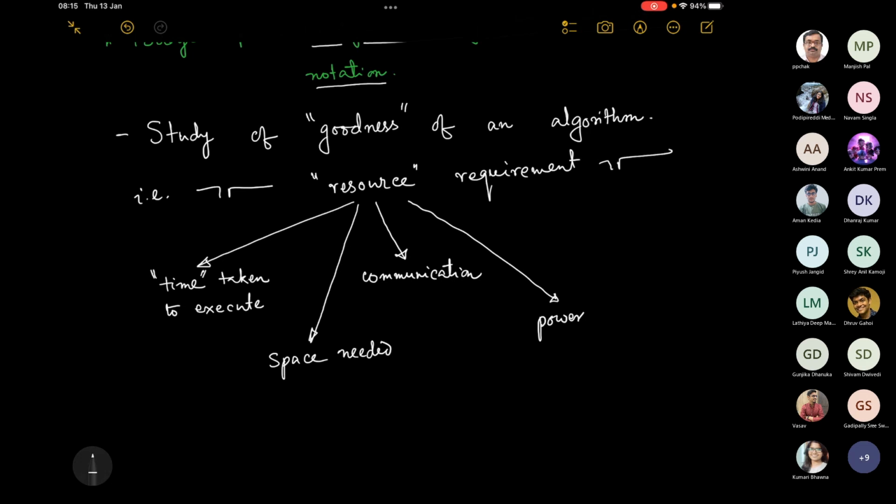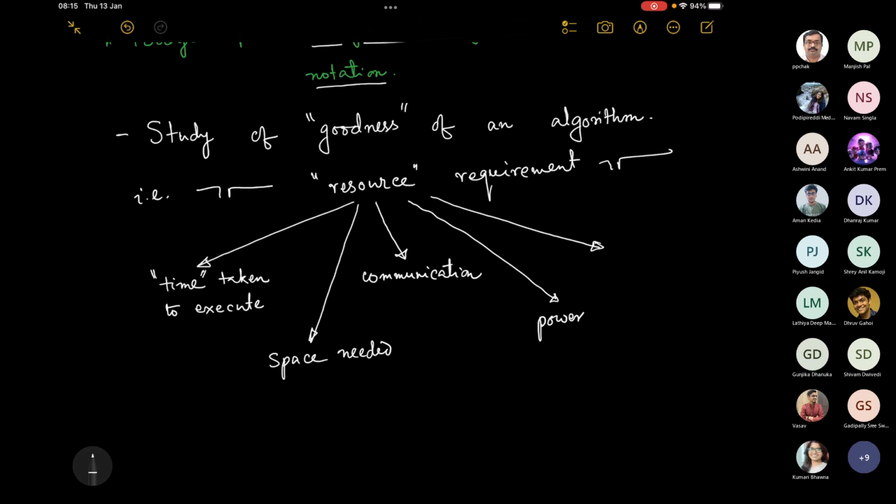Can someone tell another resource which was discussed in the last class? Another resource outside these four resources. Sir, a different data structure. That's the implementation. Think of the user's perspective.